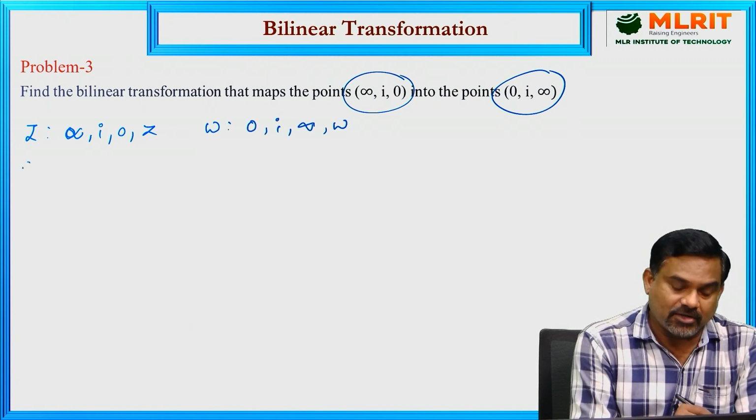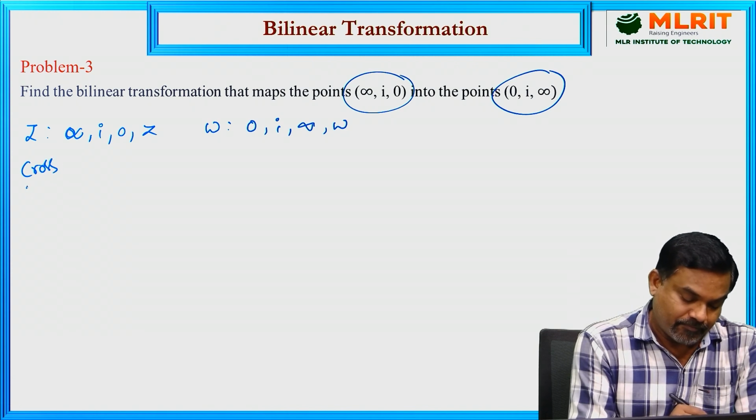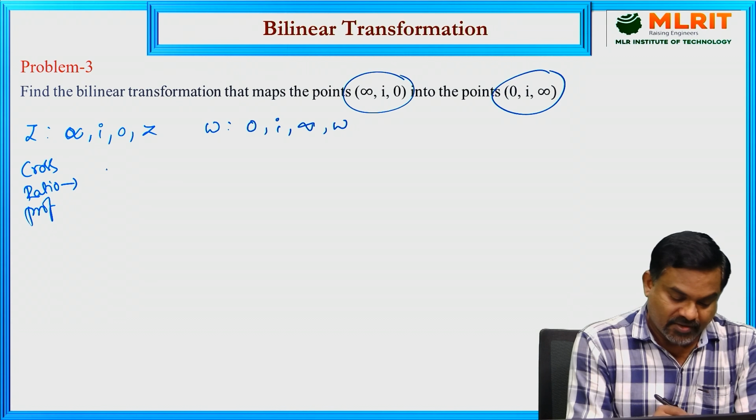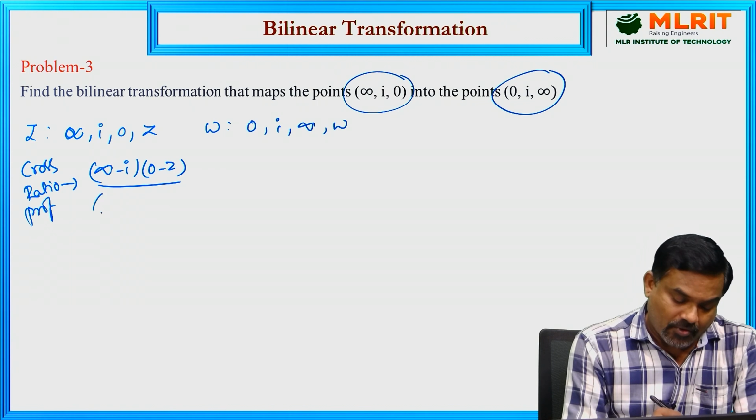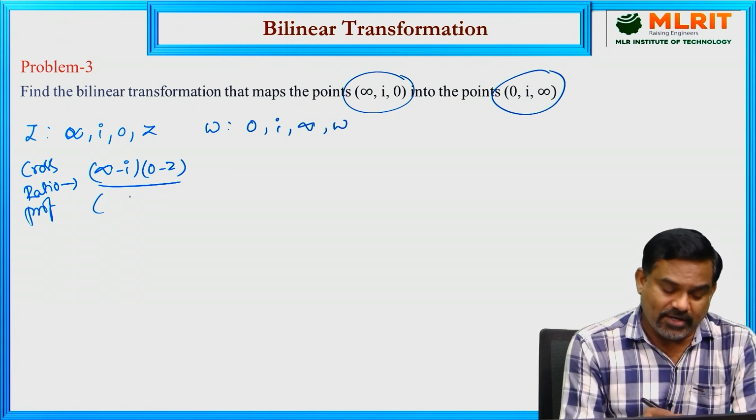So using the cross ratio property, infinity minus I, 0 minus Z by, now interchange the second and fourth points.